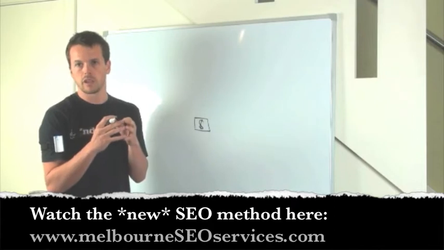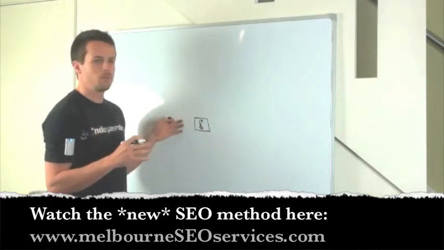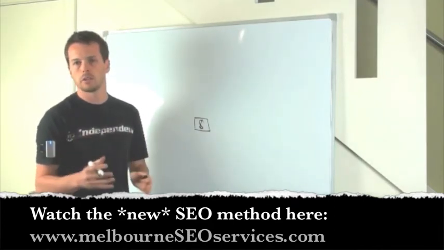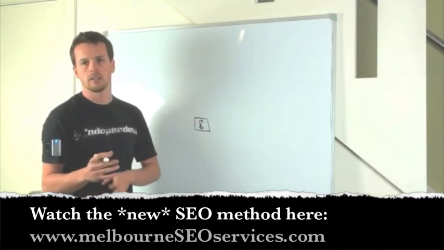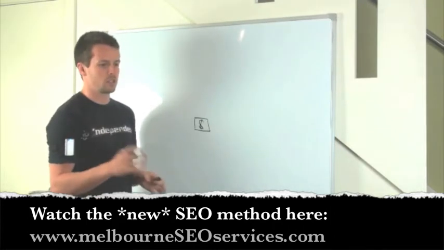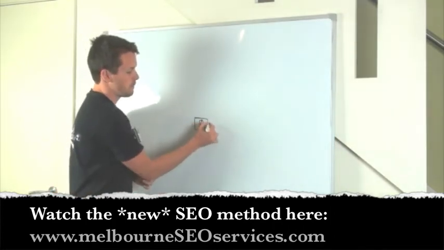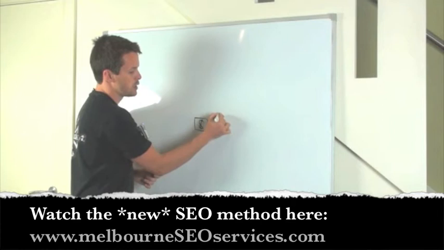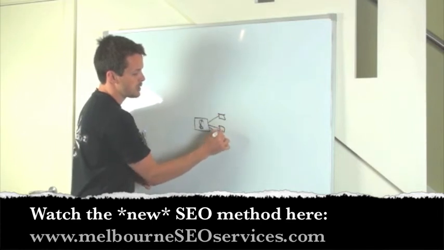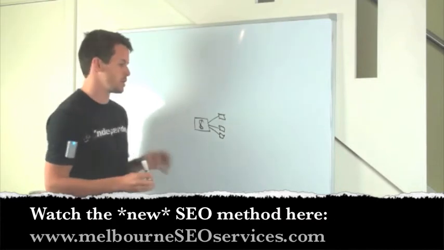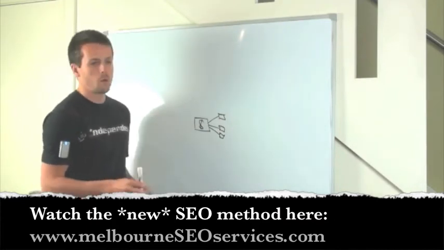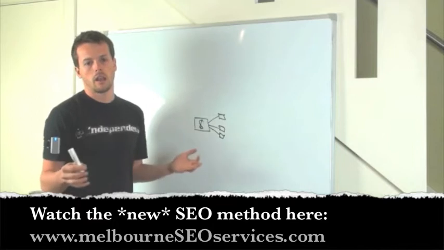This is the site that we're looking to rank, and I'm assuming that you've already done the basic keyword research and you understand what your primary keyword is that you're targeting. I don't want to go through keyword selection and all that sort of thing, but also you've got some internal pages, and some of these internal pages will have secondary keywords associated to them as well. So assuming that that's already done, what is the method that I go through to rank websites?